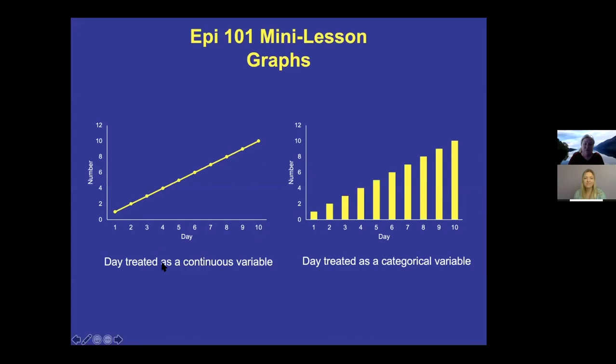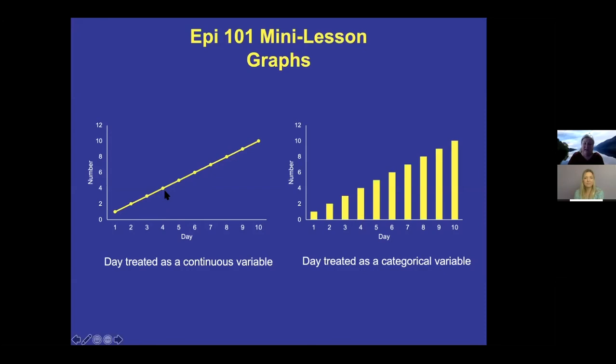And here we're treating day as a continuous variable, and that would mean that you would then connect these different points. And here we treat day as a categorical variable, and each of these little bars is what it is on that particular day. So day 4, it's 4 cases. Same thing over here, it's just here they're connected.